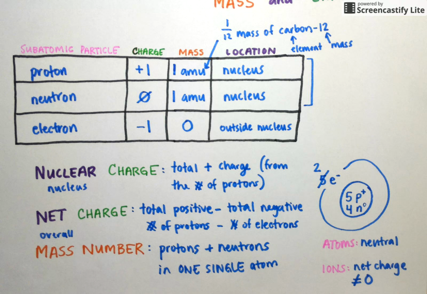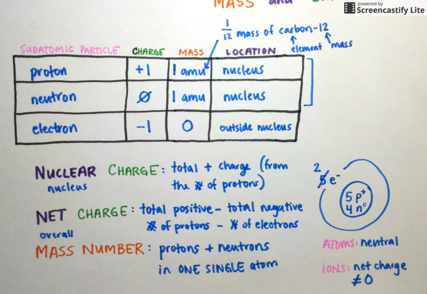So 5 minus 2 gives me a net charge of plus 3. So when your net charge is not equal to 0, the term we have for that is ion, and we'll talk lots about ions as we move through the year, but just know that that term is always going to refer to some atom that's had its number of electrons changed in some way.